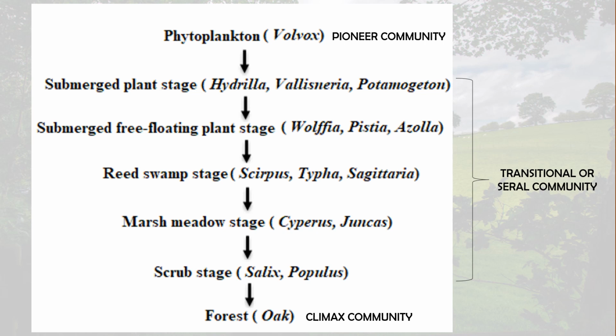And by this time, there is much accumulation of humus with rich flora of microorganisms. So, mineralization of the soil favors the arrival of new tree species in the area. And from submerged plant stage to scrub stage, this is the transitional community.